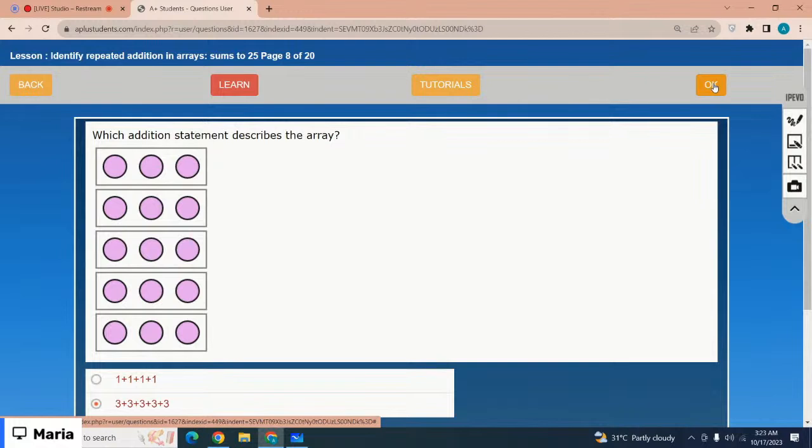Which addition statement describes the array? Which is the correct option? The correct option is, okay, still.